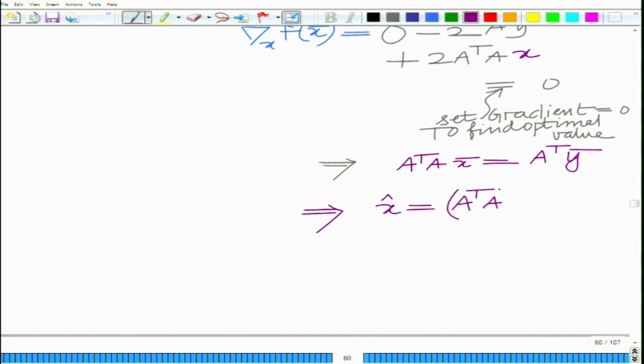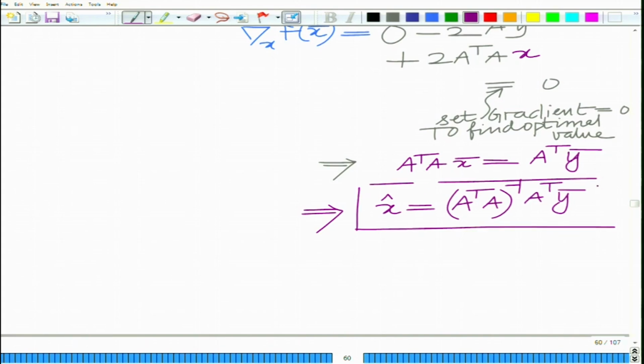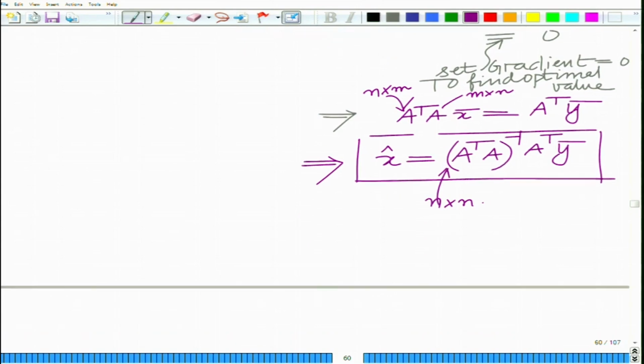The optimal value of x is x hat equal to (A transpose A) inverse into A transpose y, assuming A transpose A to be invertible, because you can see A transpose A will always be a square matrix, correct, because A is m cross n and A transpose is n cross m. So, A transpose A will be n cross n, and A transpose A inverse will also be n cross n. So, this is the least square solution, assuming A transpose A is invertible.